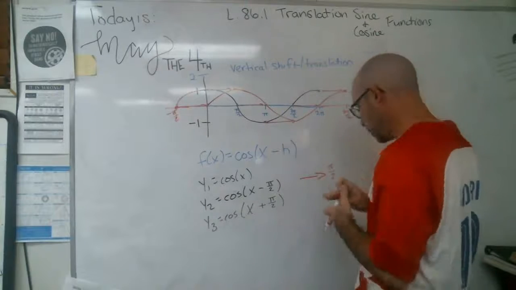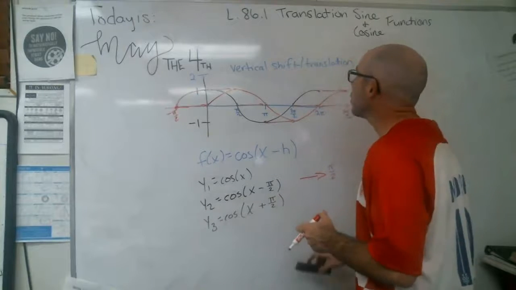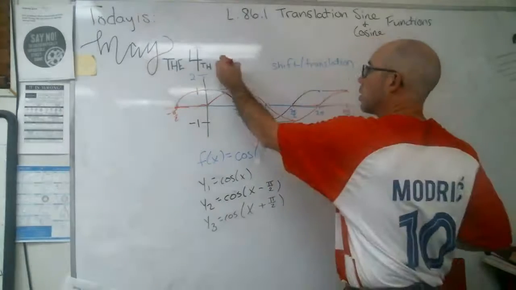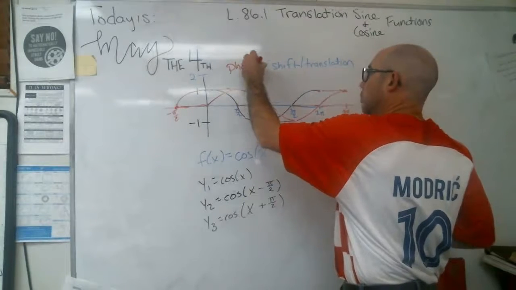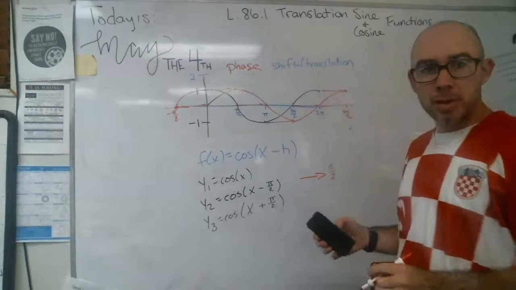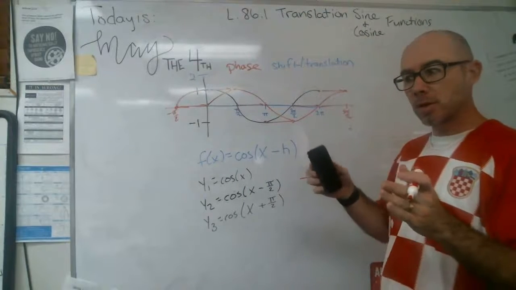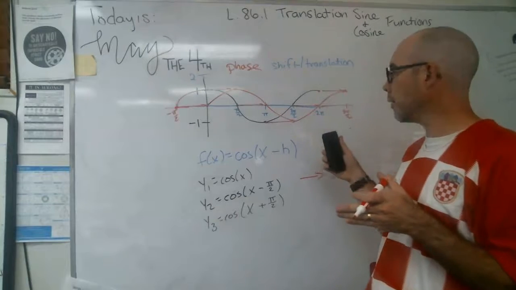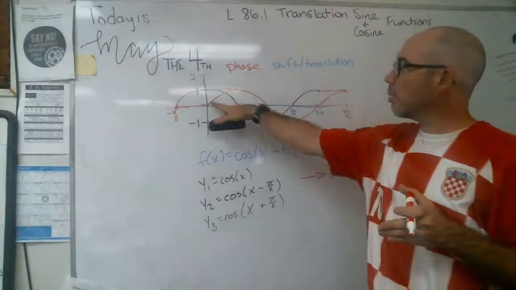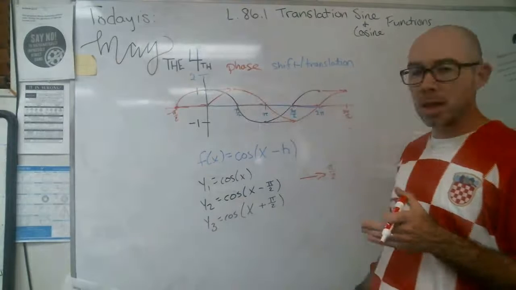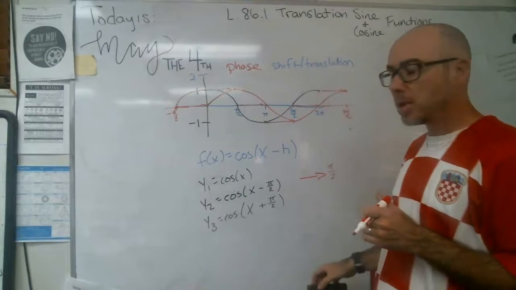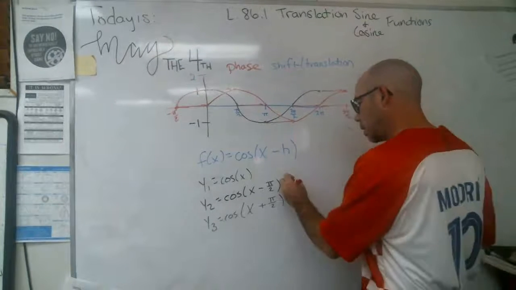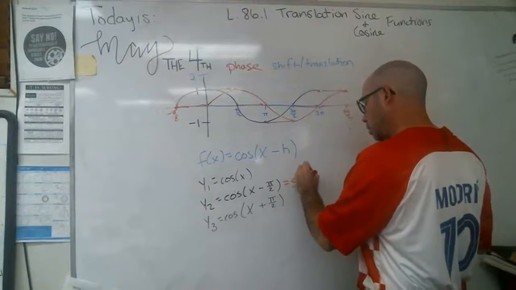Again, we're going to call this one, rather than a vertical shift, this one is called phase. Now, we could actually shift cosine so that it's on to sine. In fact, we actually just did that. My new red curve there is the sine curve, which means that this equals sine x.